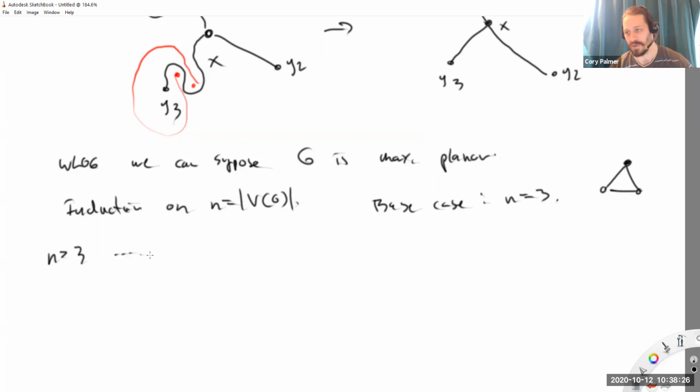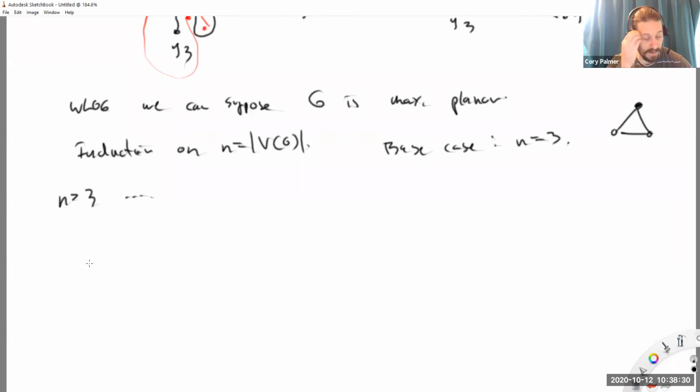And assume the statement holds for smaller values. Okay, so now we need to define a term, just temporary for this proof here. So a triangle, again, we mean 3 vertices with 3 edges, not necessarily a geometric triangle, in a planar embedding is what we call separating. Okay, this has nothing to do with connectivity.